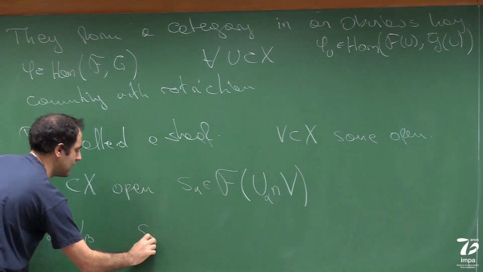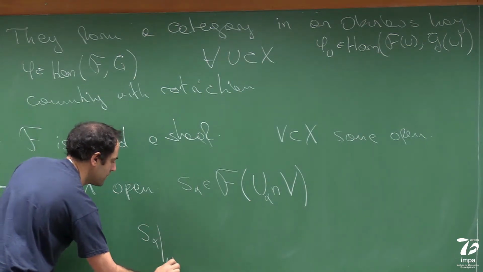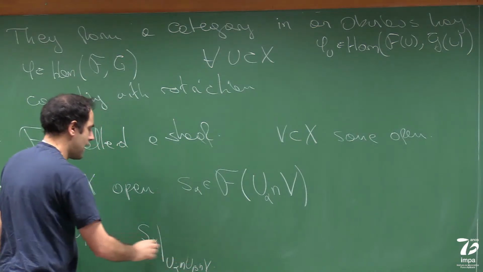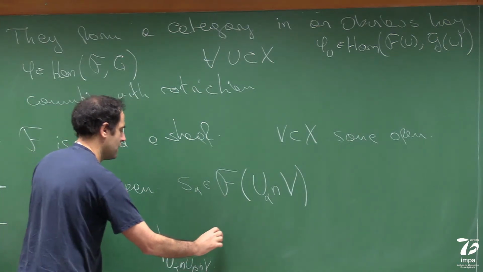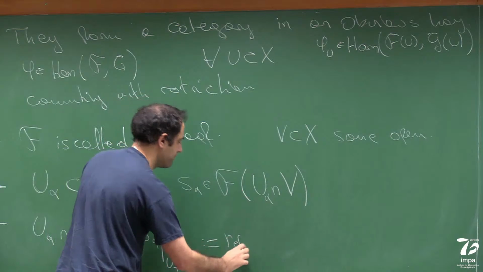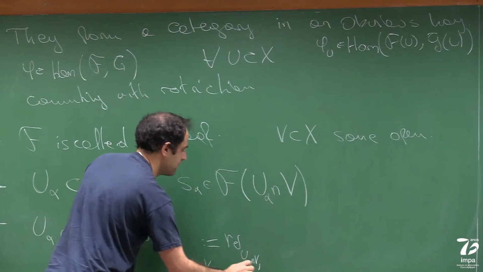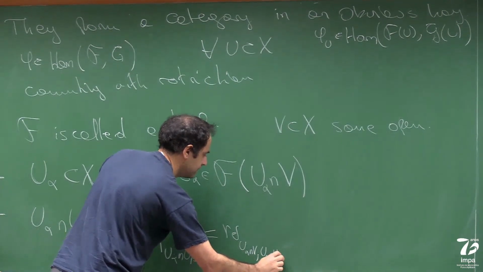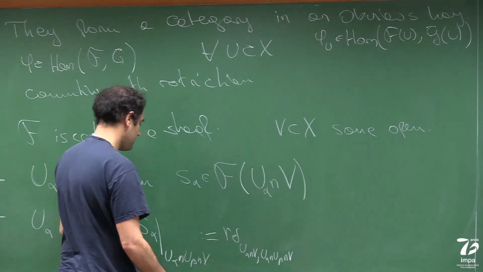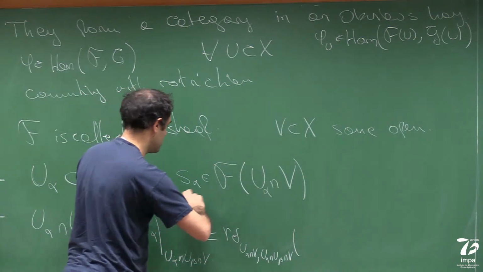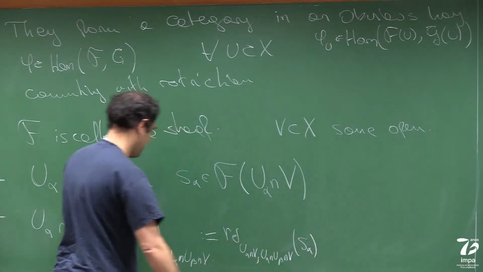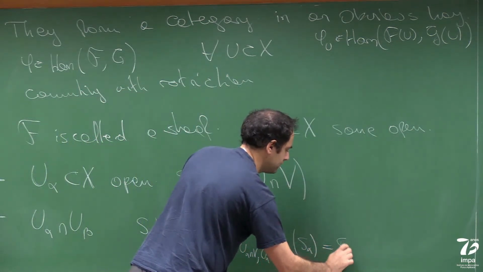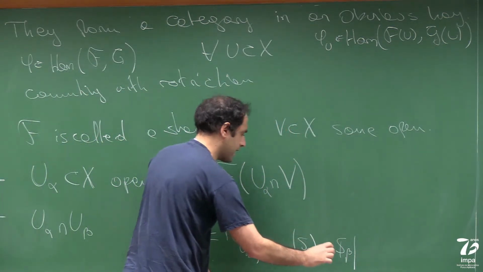So if you look at S alpha restricted to U alpha intersected U beta intersected V, this by definition is the restriction from U alpha intersected V to that triple intersection applied to this S alpha. Then we'll require that this is equal to S beta restricted to the same set.